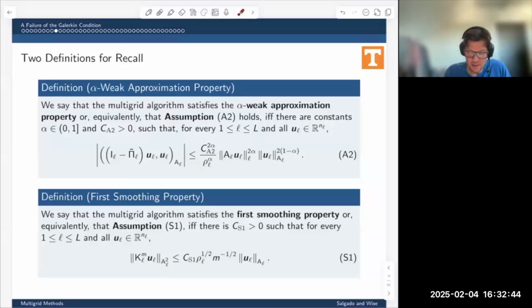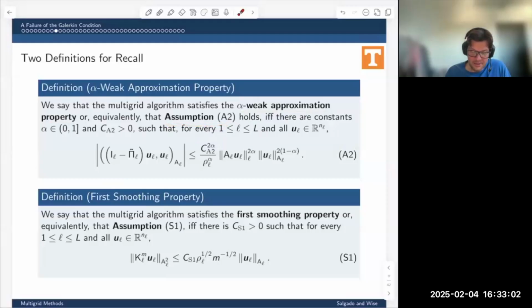We talked about this property called the alpha weak approximation property, also called the A2 property.